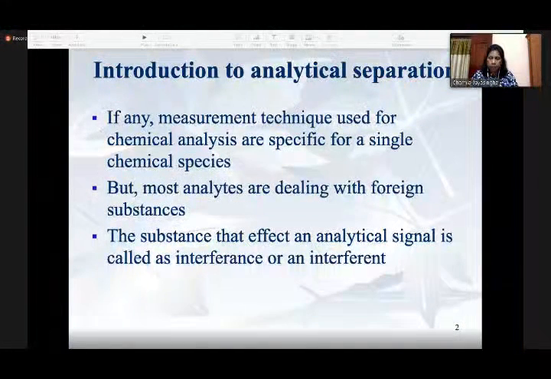Give the answer. If you understood the things up to now, then you will be able to answer. What is an interference or interferent? How can you explain it?